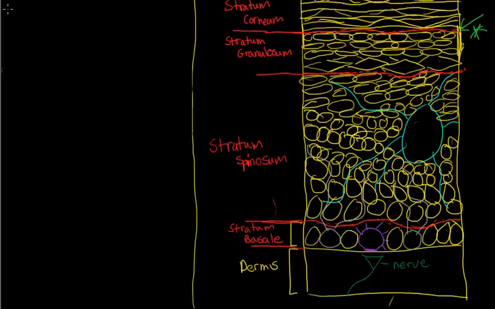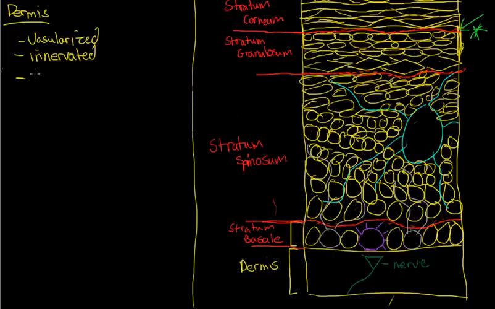First layer, the deepest layer, is the dermis. This layer is vascularized. It's innervated. Here I've shown a nerve fiber coming into contact with a Merkel cell in the next layer. And it's connected to the epidermis by a basement membrane.